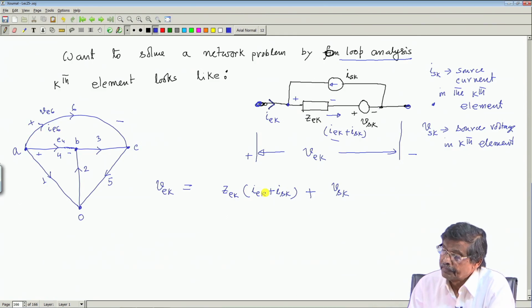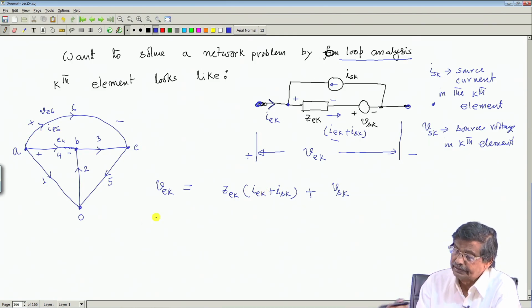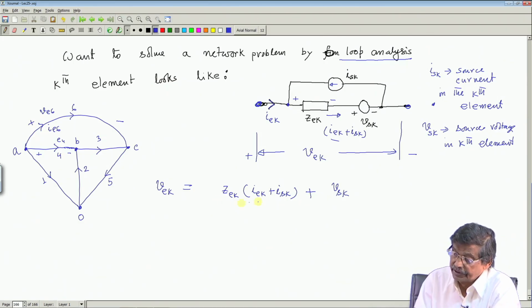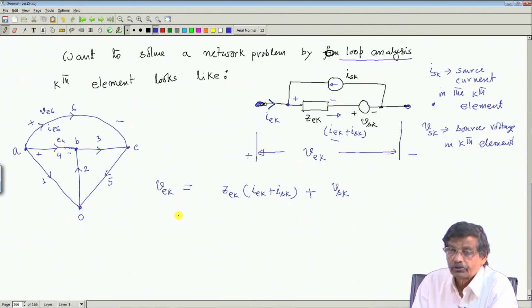Okay. In case of mesh analysis, we would like to apply these equations. We would like to find out, in terms of loop current, how things look.